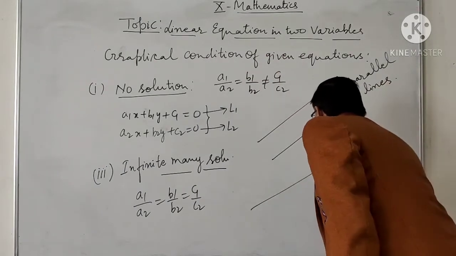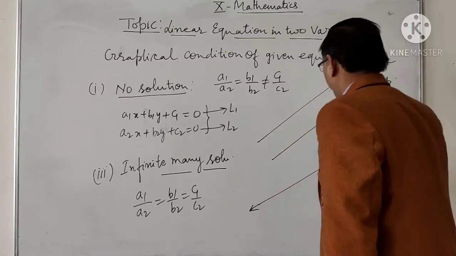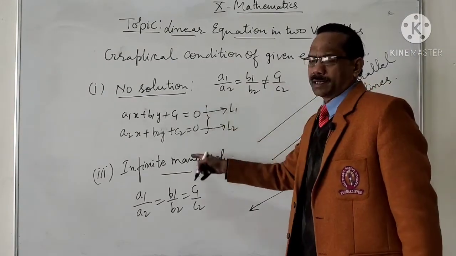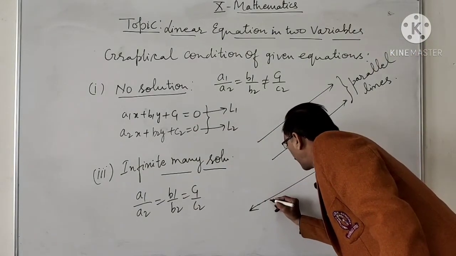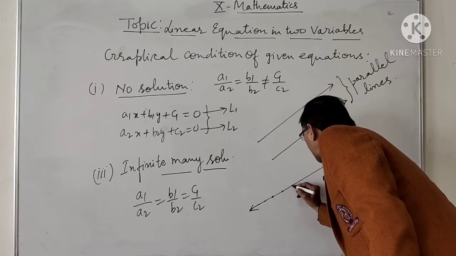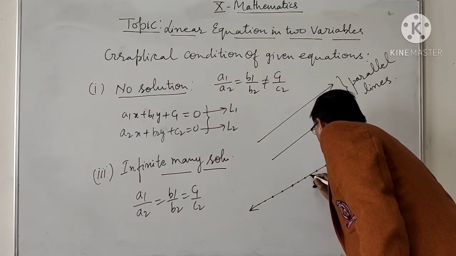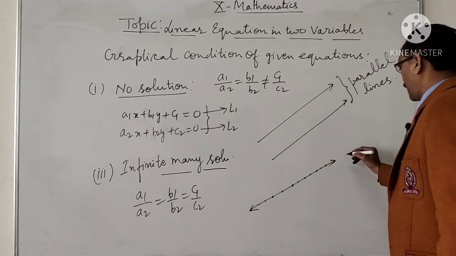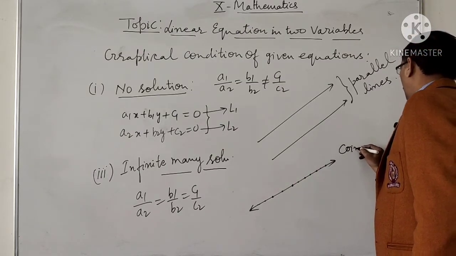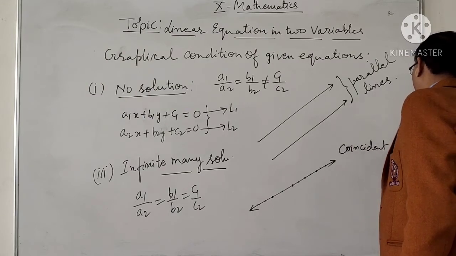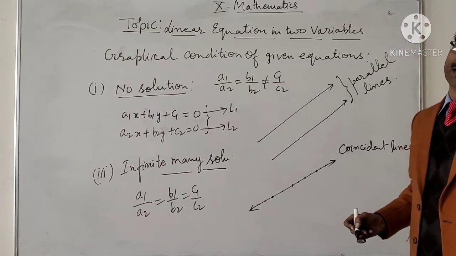Then we will get a single line or unique line. Both equations have a common line and there are infinitely many points where the lines are intersecting. So it is called infinitely many solutions, and the lines are said to be coincident lines.